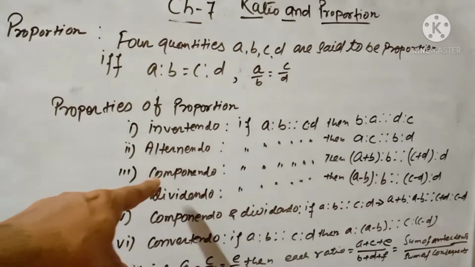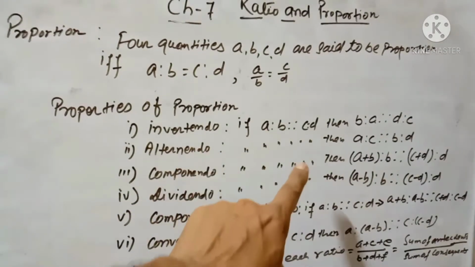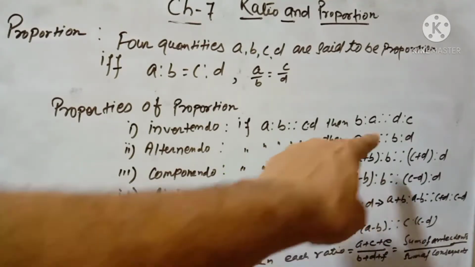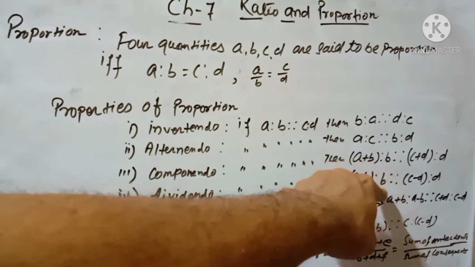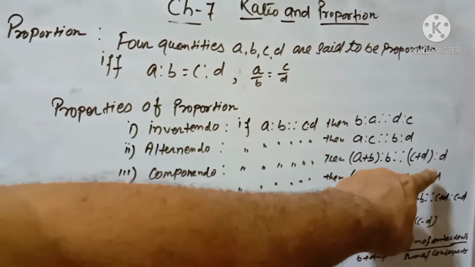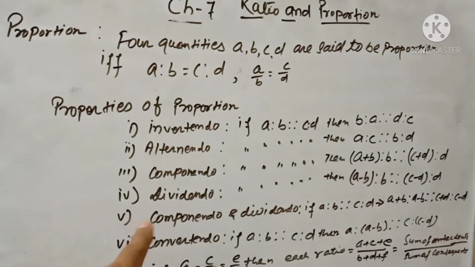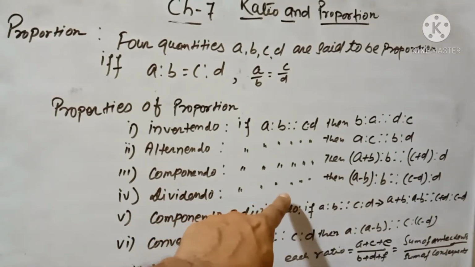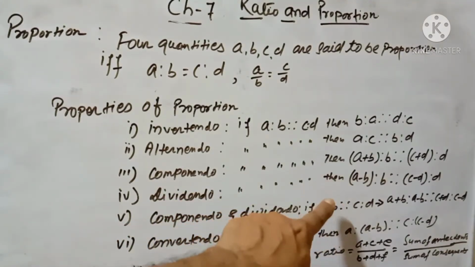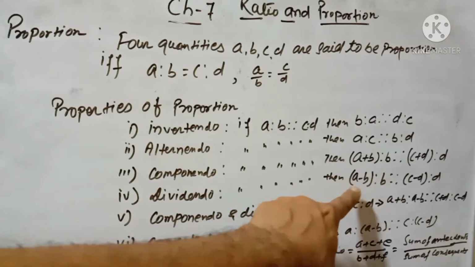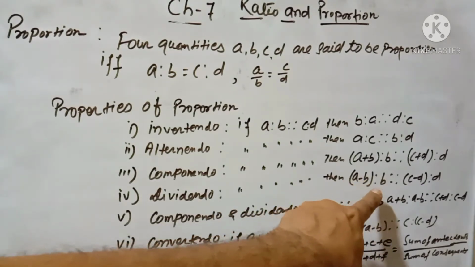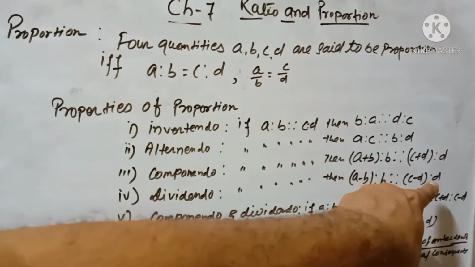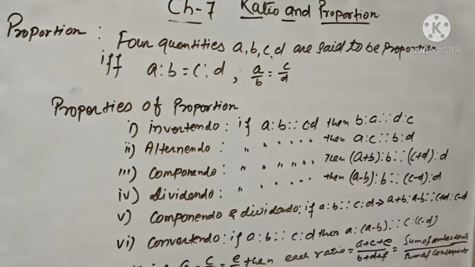Now componendo: if a ratio b is proportional to c ratio d, then a plus b ratio b is proportional to c plus d ratio d. Remember these terms. Dividendo: if a ratio b is proportional to c ratio d, then a minus b ratio b is proportional to c minus d ratio d.